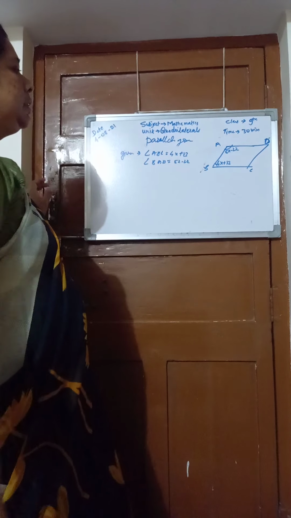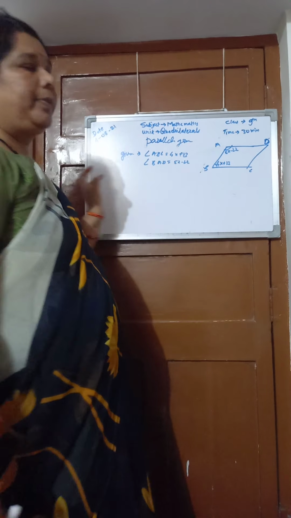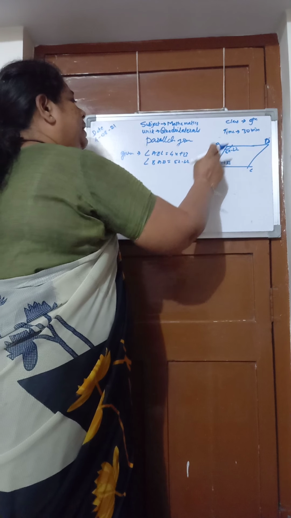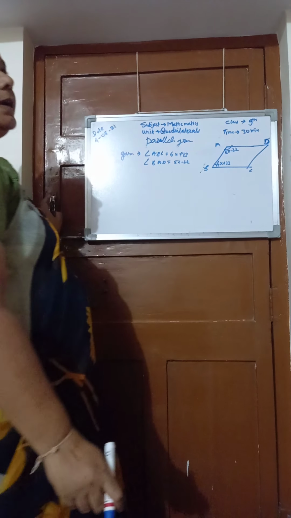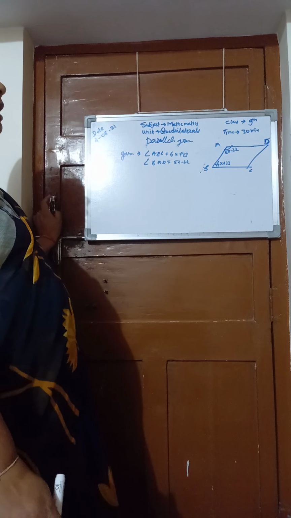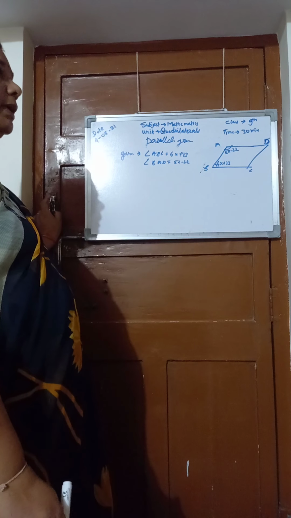It is given. What is the relation between these two angles? Angle BAD and angle CBA are adjacent angles. Therefore, the summation of these two angles is equal to 180.